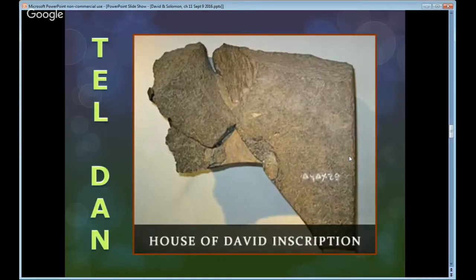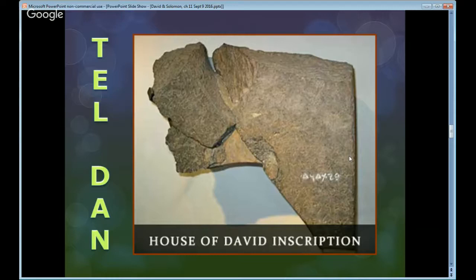Another inscription that you are probably very familiar with that attests to the kingdom of David is going to be the Tel Dan inscription. Now, you will see it in white, and this is a reference to the house of David. The reason that this is important is because up until this inscription was found in the early 1990s, it was thought that the house of David was something that was manufactured.